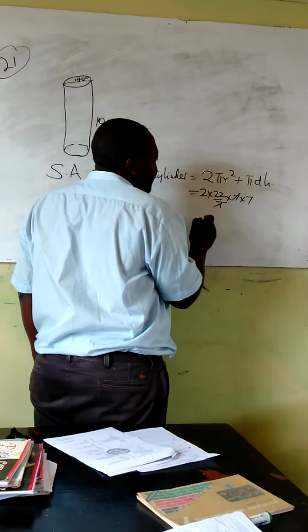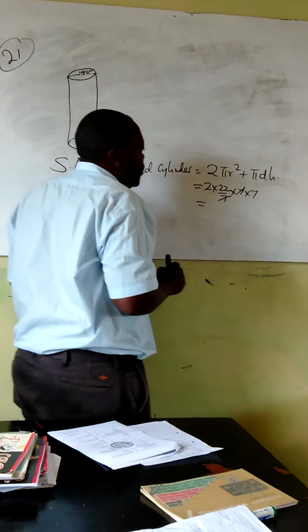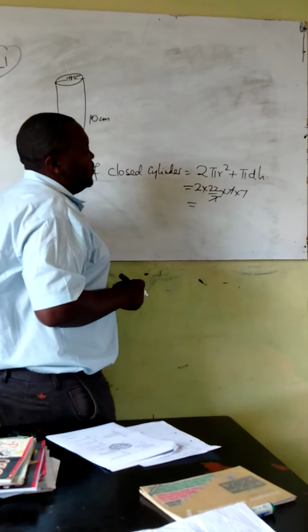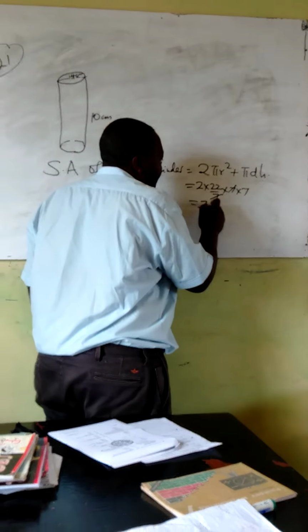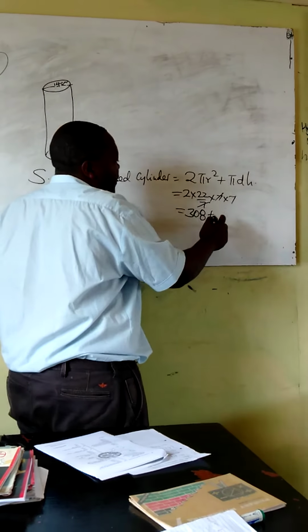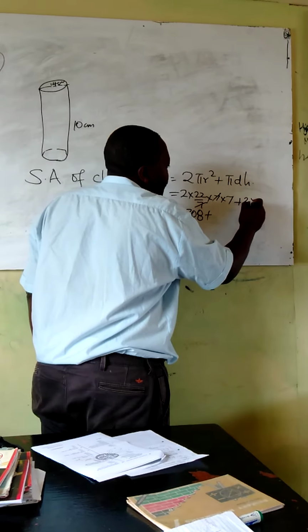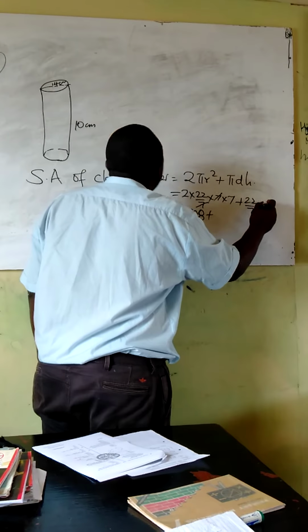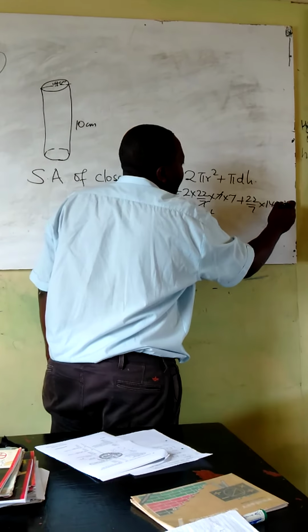And when you do that, this is going to give you 154 times 2 is 308. And then pi dh is 22 over 7 times d. Our d is 14 and our h is 10.